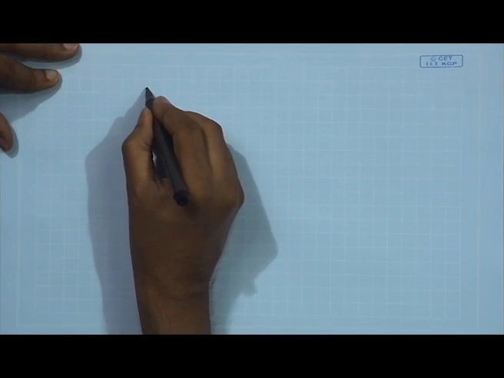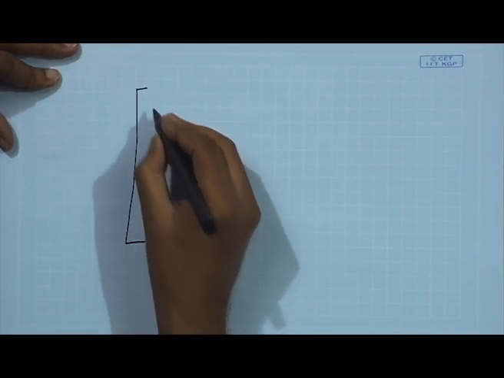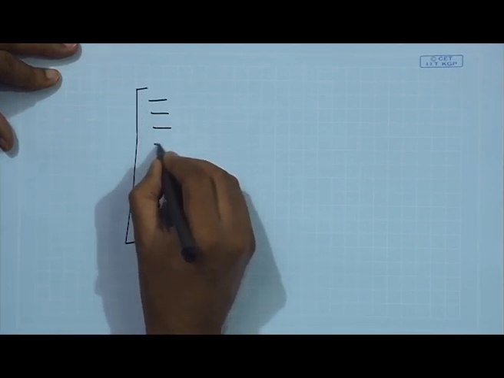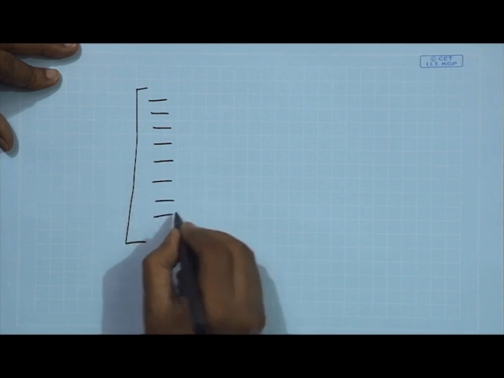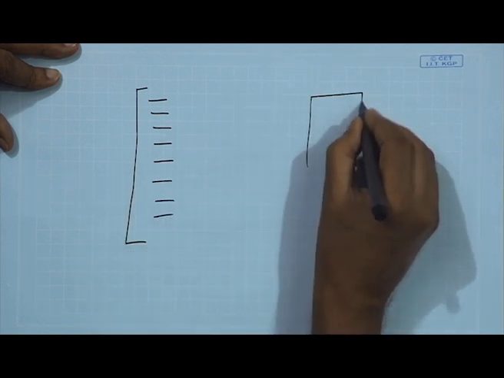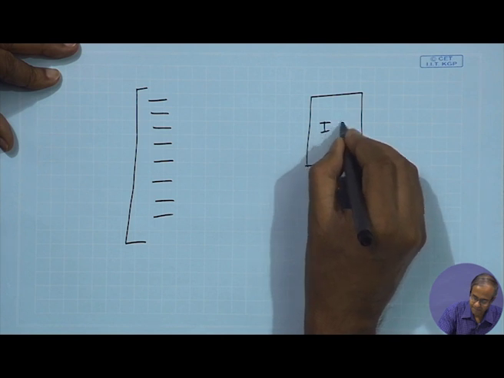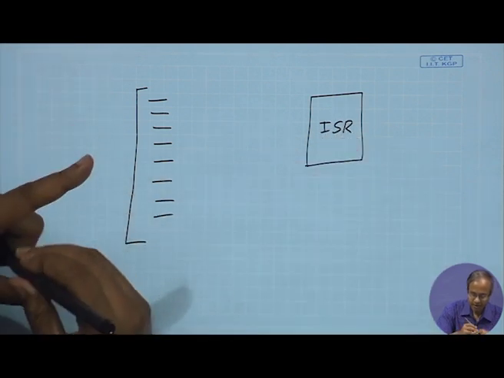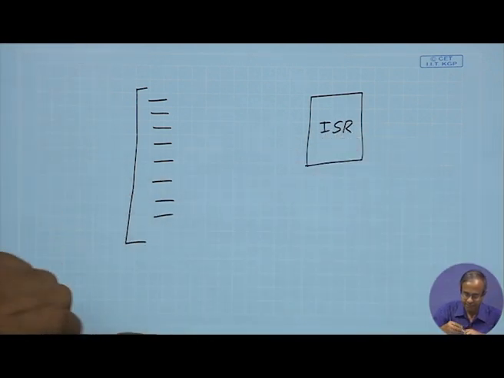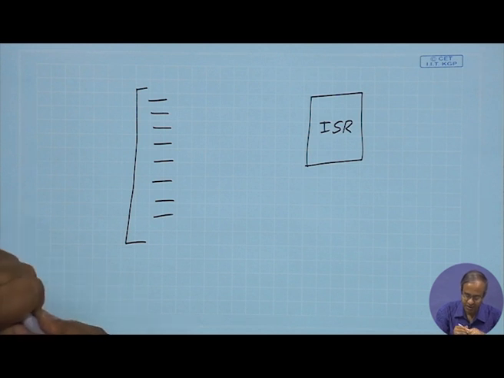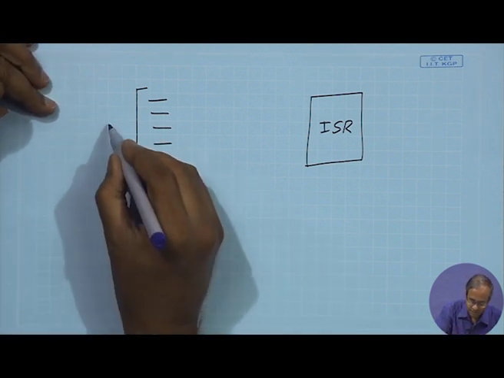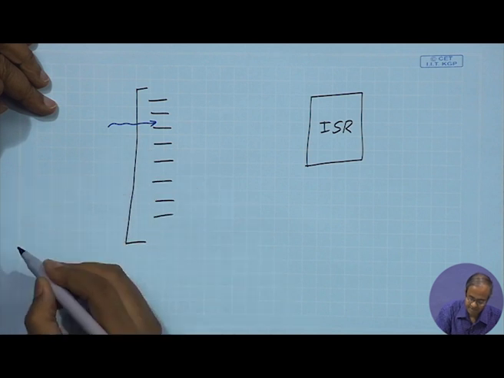Now, the point to note is that suppose this was a program which was executing, there were many instructions, and let us say this is my ISR. You cannot predict beforehand exactly where the interrupt will come. Maybe the interrupt will arrive here.